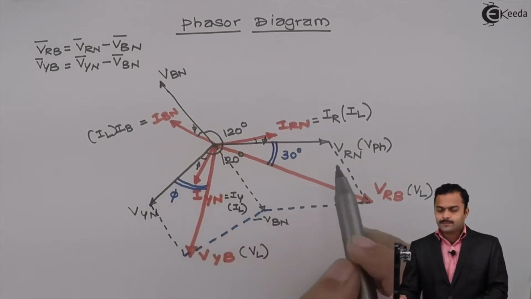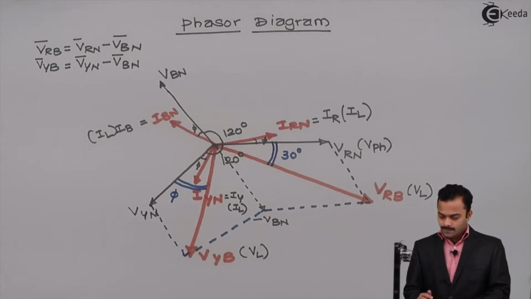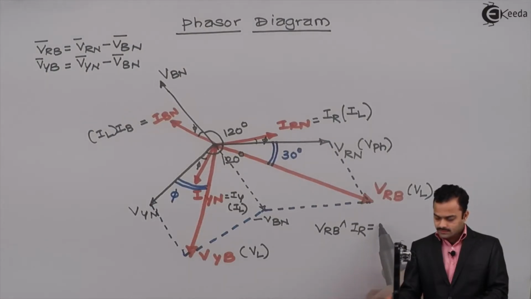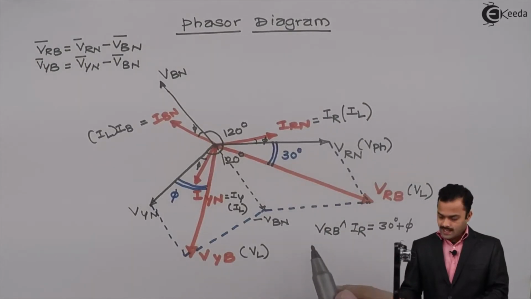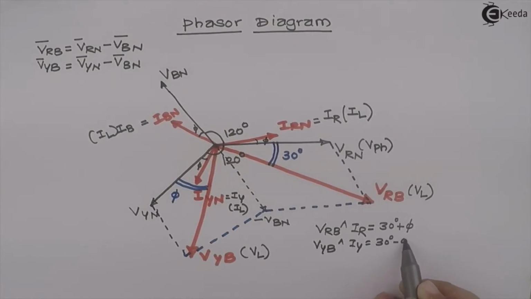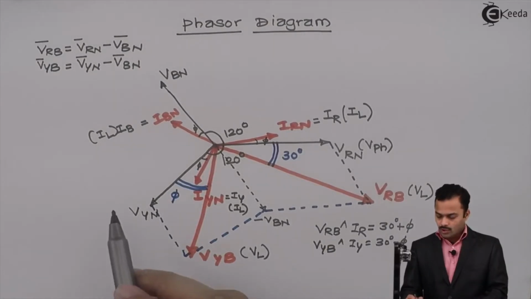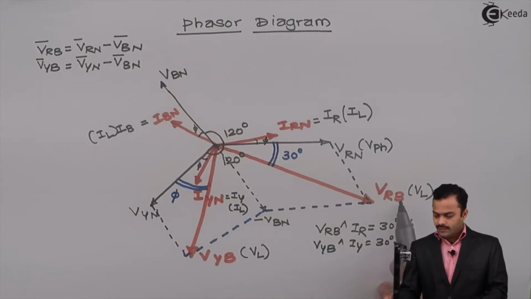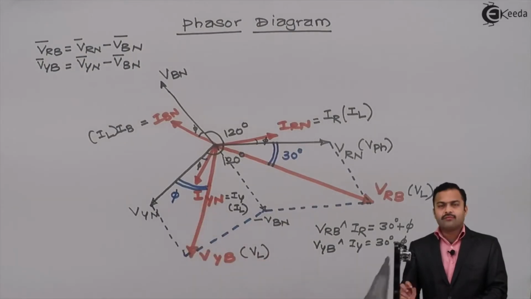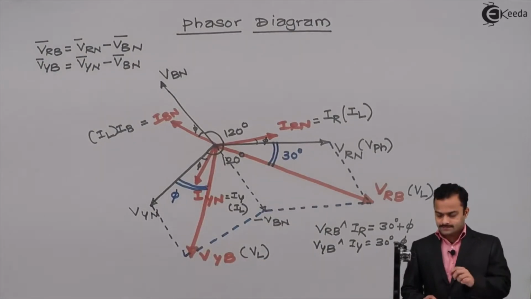So if I see it properly, I will come to know that the angle between VRB and IR is nothing but 30 degrees plus phi, and the angle between VYB and IY is 30 degrees minus phi. So we got the angle between VRB, IR and VYB, IY. So we can proceed further to the calculation part.